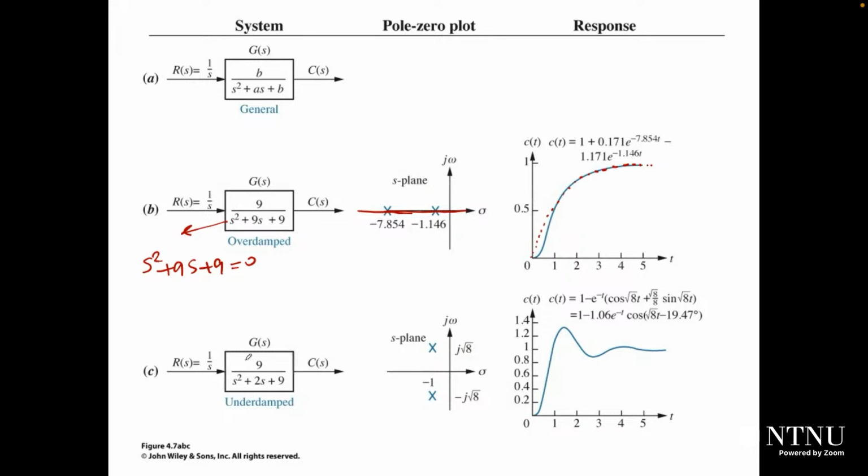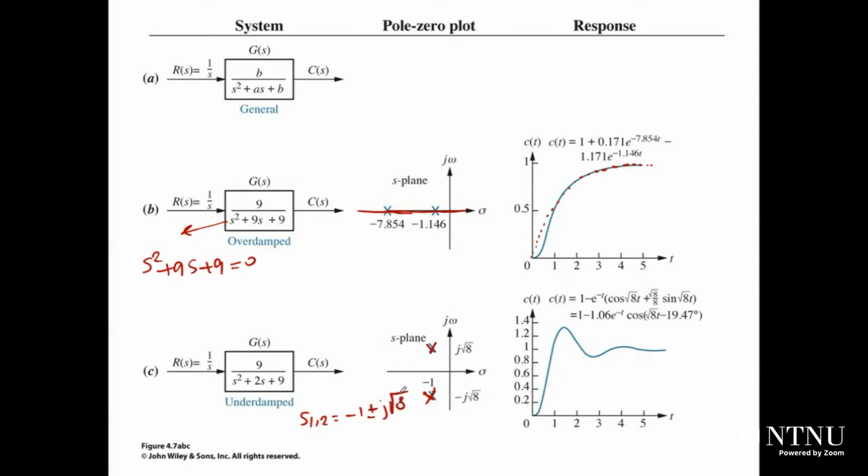For the other example here, we have S squared plus 2S plus 9. So in fact, we have two complex conjugate poles. It's complex and conjugate, it's imaginary, right? It has a real part and an imaginary part. So S1 and S2 will be minus 1 plus minus j square root of 8.